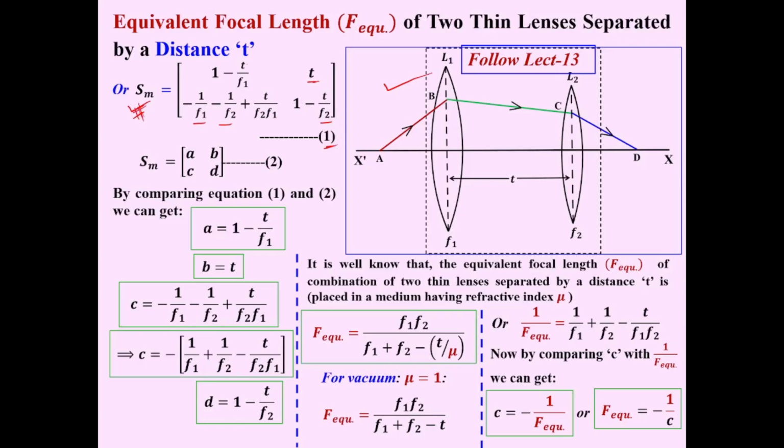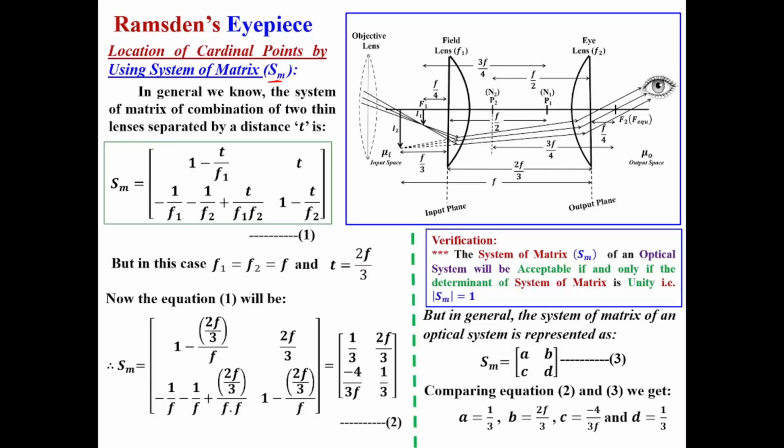I am going to use this system matrix for the Ramsden eyepiece, because in a Ramsden eyepiece, two plano-convex thin lenses are separated by a distance 2f/3, and each has focal length f.